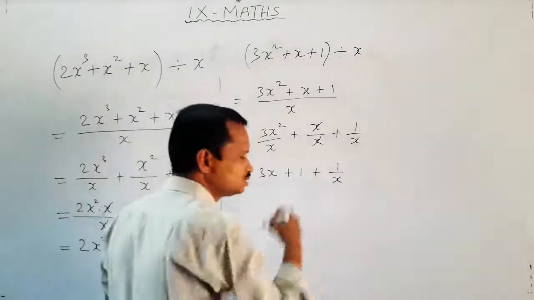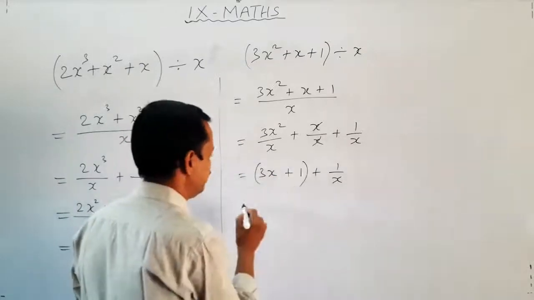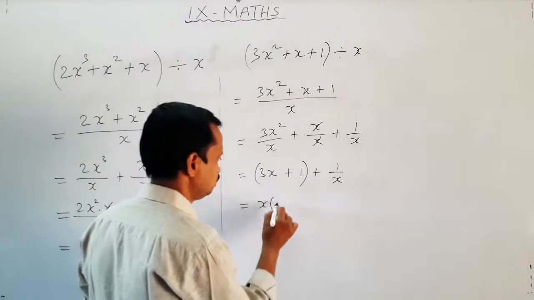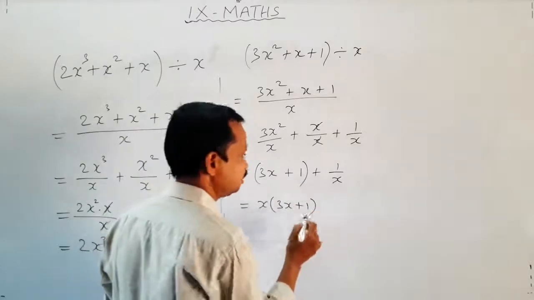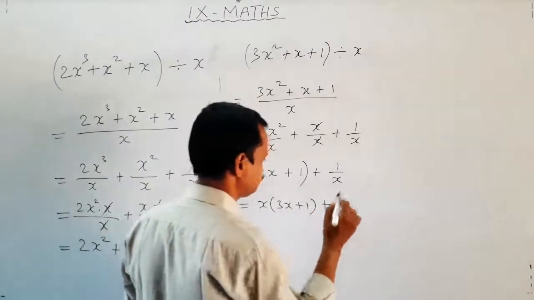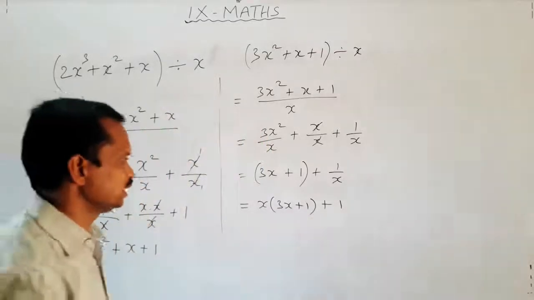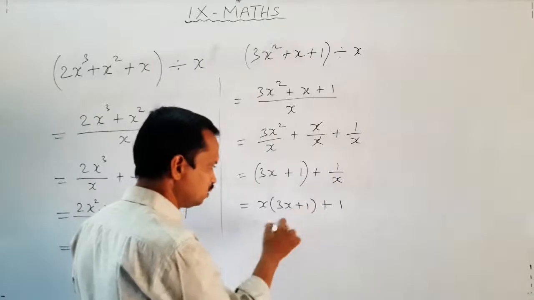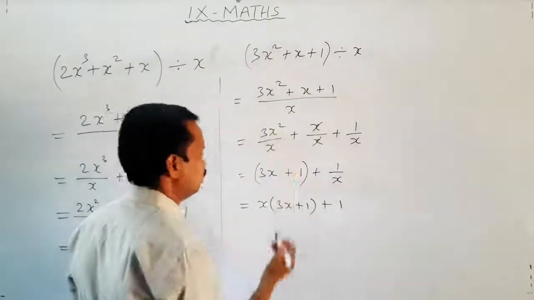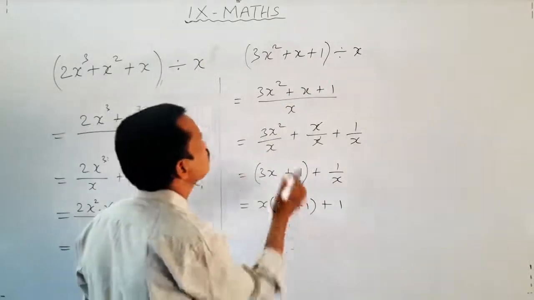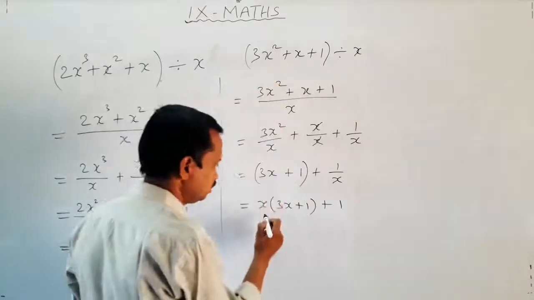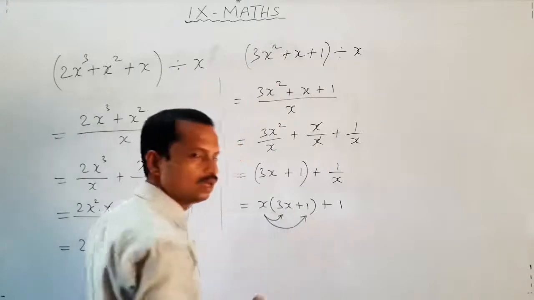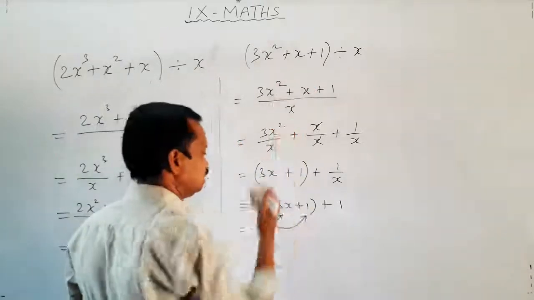So to avoid this, put a bracket and you can write like this: x into 3x plus 1, plus 1. If you multiply, you will get this. You see, x into 3x is 3x square, and x into 1 you will get x.